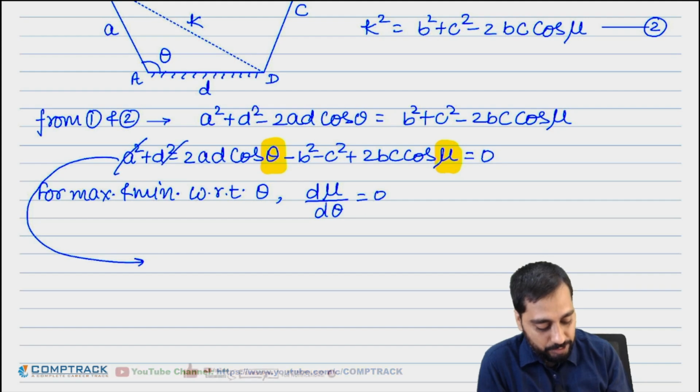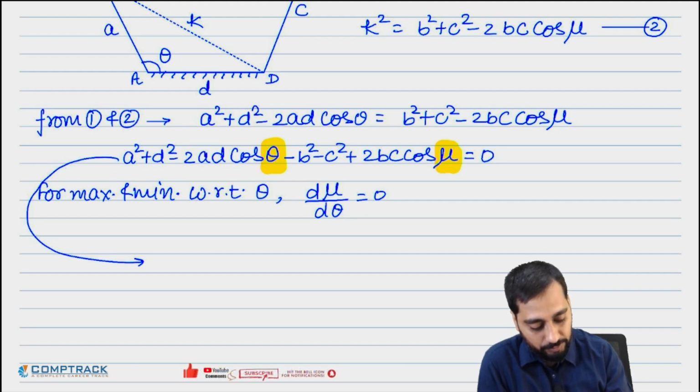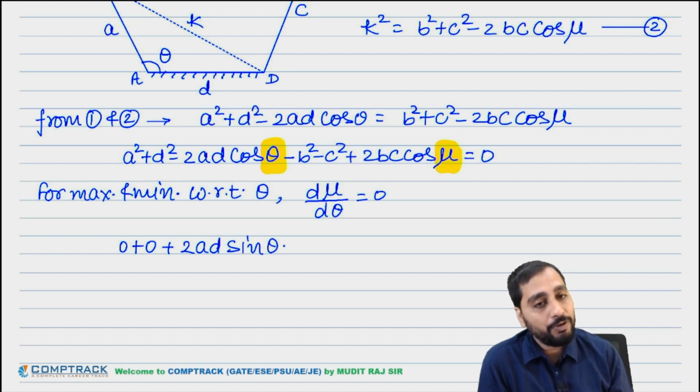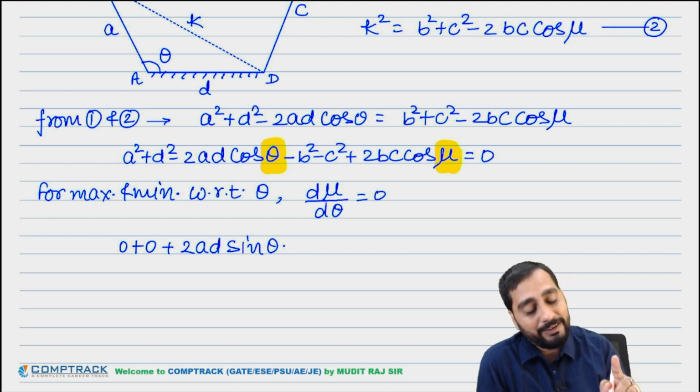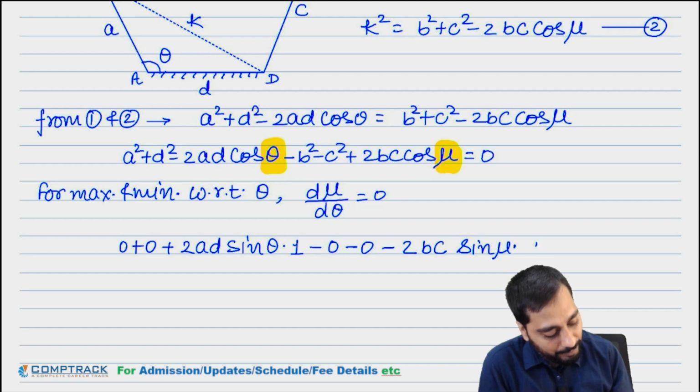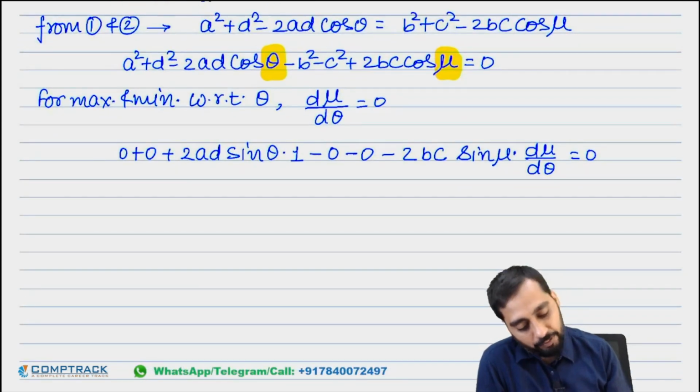So this will be 0, 0, and this will get differentiated: 0 plus 0 plus 2AD sin theta into 1, minus 0 minus 0 minus 2BC sin mu into d mu by d theta. Yes or no? So this will be the value.